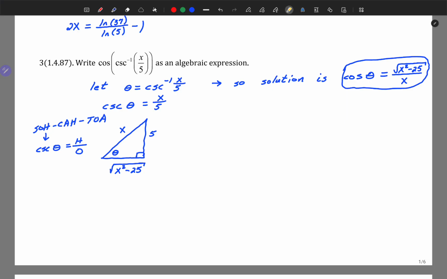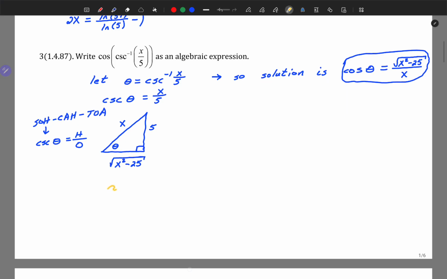And then my remaining leg, what I want you to remember is that any leg is always the square root of the hypotenuse squared minus the other side squared. That will always work, and in this case, it gave me the square root of x squared minus 25. Once you get your right trig triangle defined, this problem is so easy because the whole point of doing all of this was to be able to rewrite the original expression.